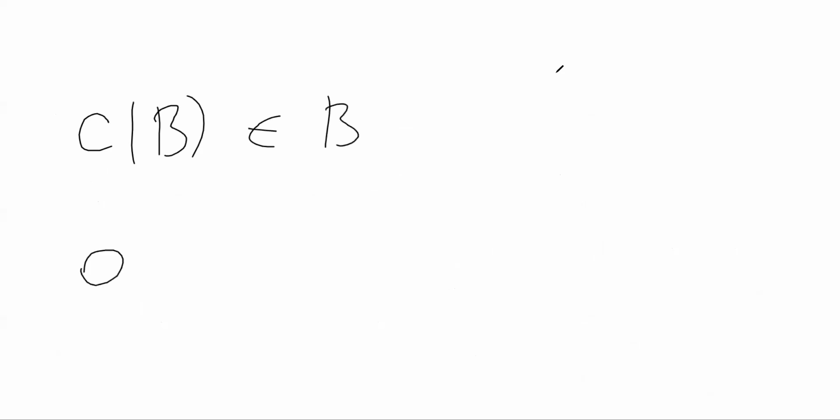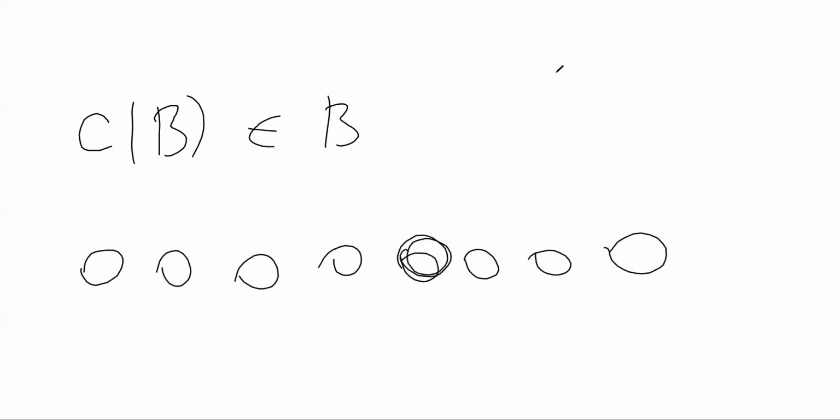If we're plugging some set into this choice function, we want it to give us an element of this set, not of that set, but of this set. Why? Because it's a choice function. We just want it to choose one element from a set for us. Okay, and so that's what a choice function is, and we just want to say that it exists.